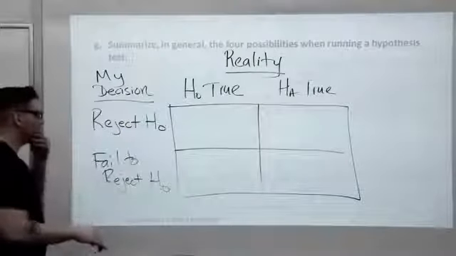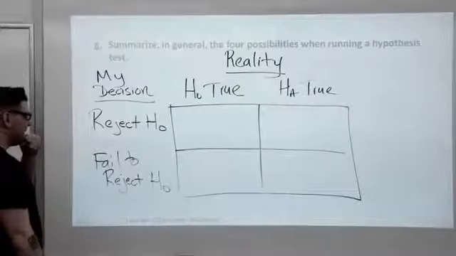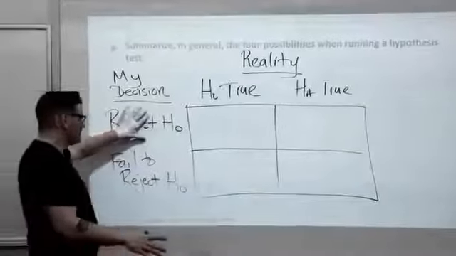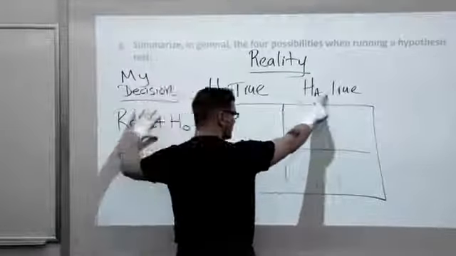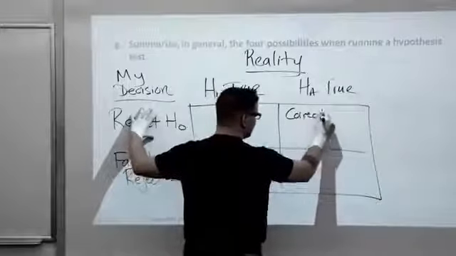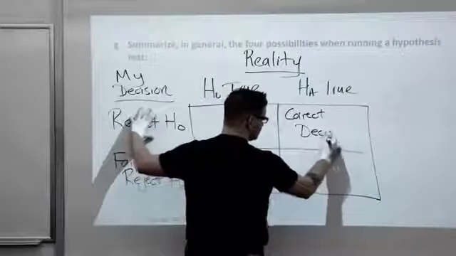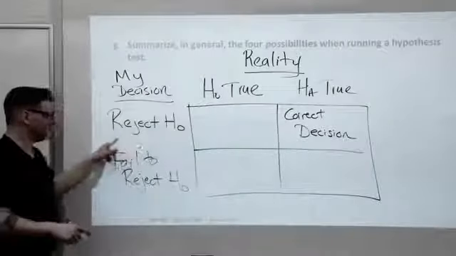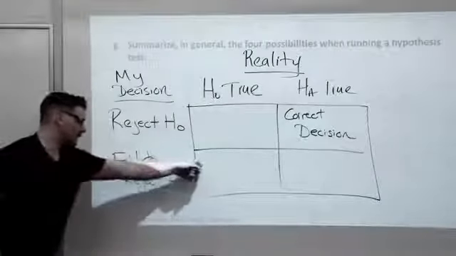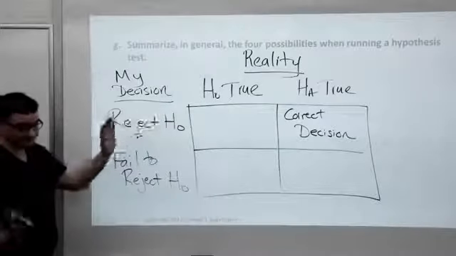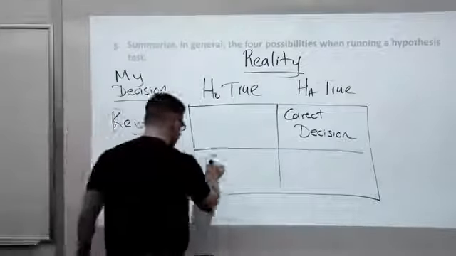All right. So let's get the correct ones up first. If I reject the null when the alternative is true, good job, right? This is the correct decision up here. We reject the null when the alternative is true. And then the other correct one goes down here. If I fail to reject the null when the null is true, again, good job, correct decision.